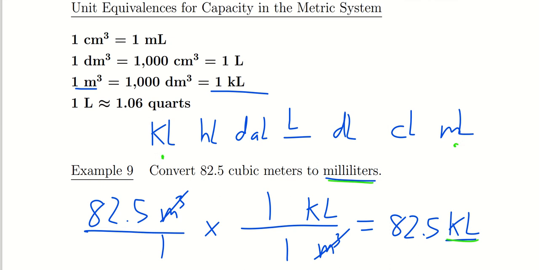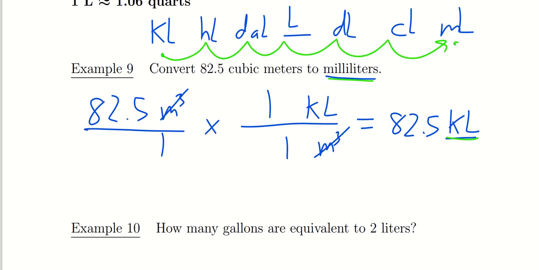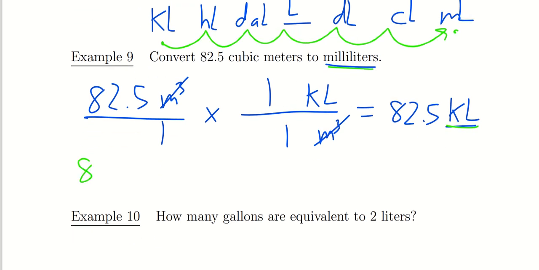So again, just count the decimal point hops. 1, 2, 3, 4, 5, 6. And in particular, it's 6 to the right. So I take my number 82.5, and I need to move the decimal spot 6 places to the right. 1 spot goes around the 5. I still have an additional 5 spots to go, so I need to add 5 zeros. And that should do it.